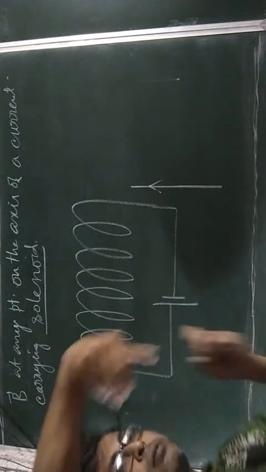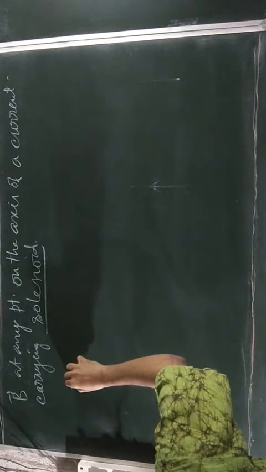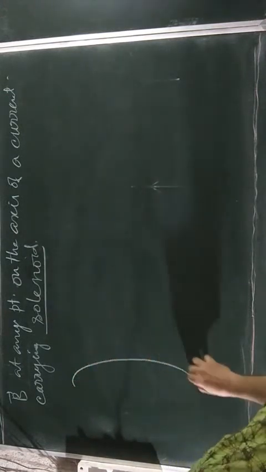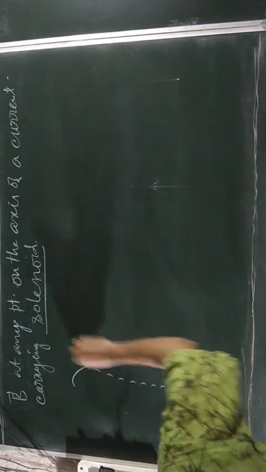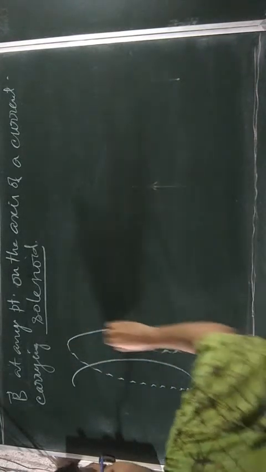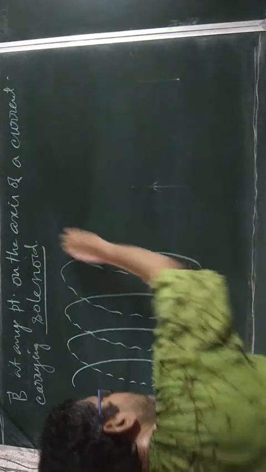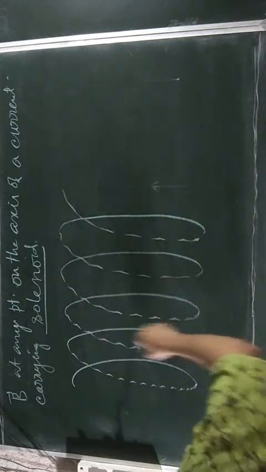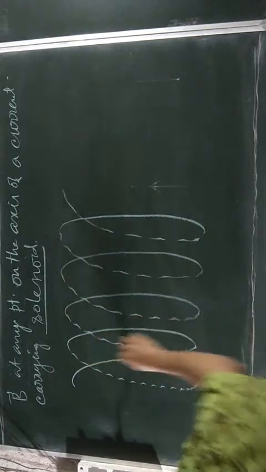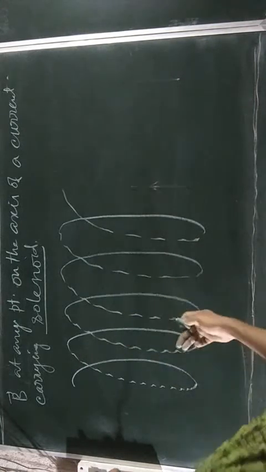If this is the current, suppose I try to draw it in a better way. All the dotted lines are the turns behind and all the continuous lines are the turns in front.